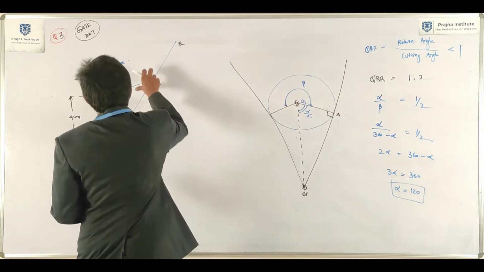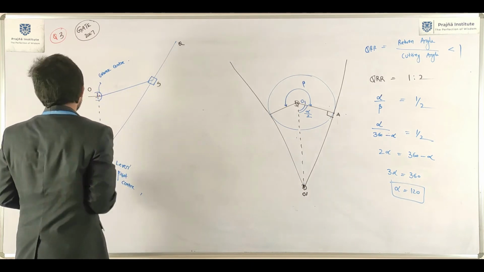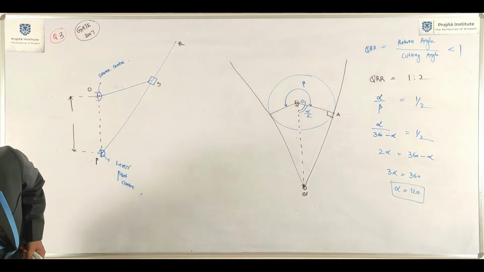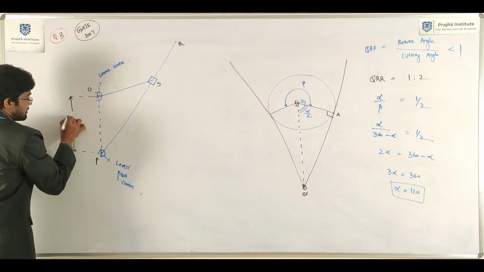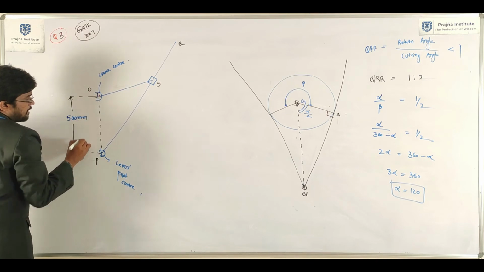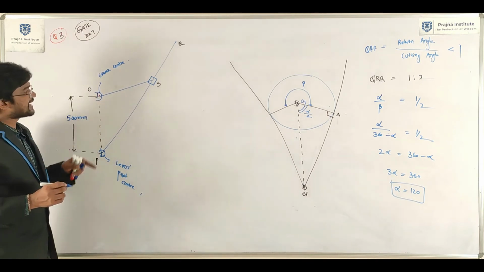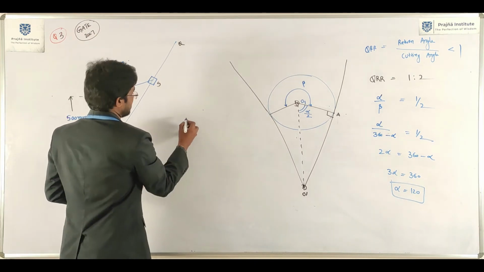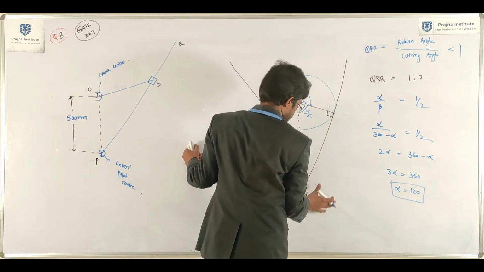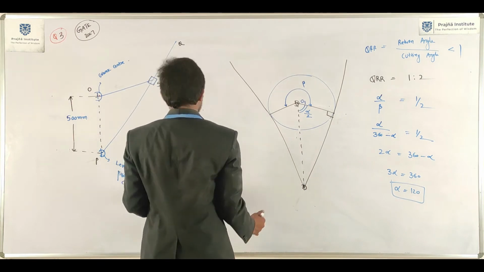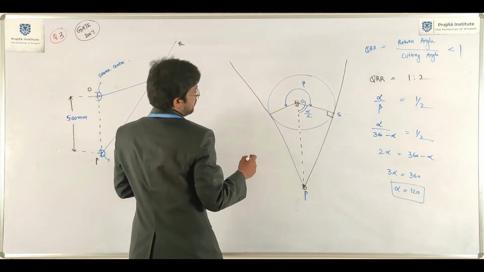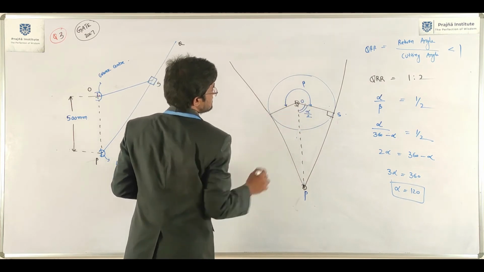So just, what are the dimensions given? Tell me. What are the dimensions given? Here, 500 mm. It is 500 mm. After that, they are asking radius of the crank. Okay? So just take the triangle. Here it is O, P, S. Okay? O, P, S. It is very simple.